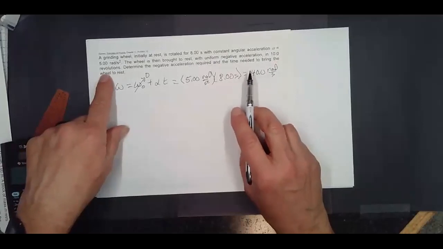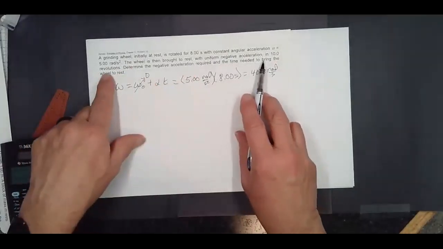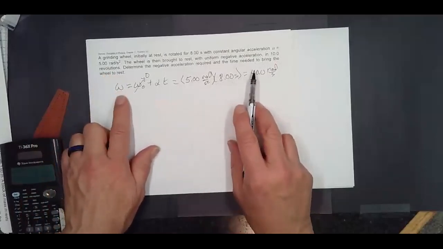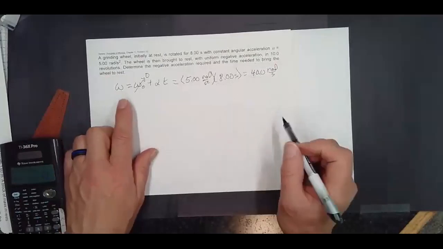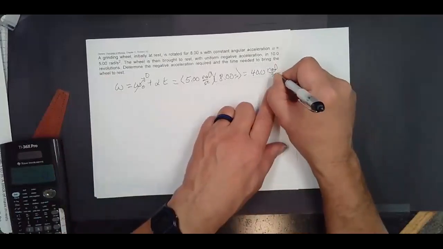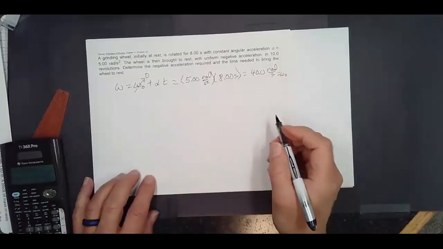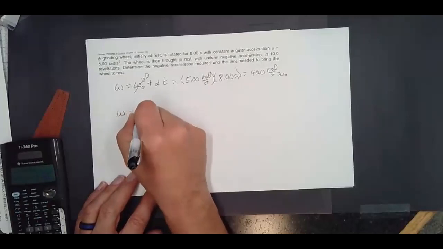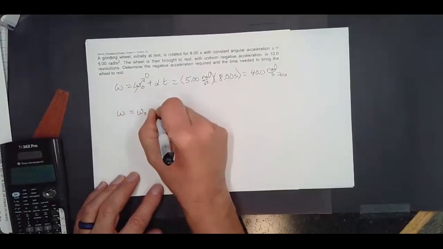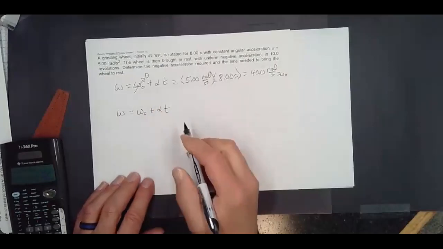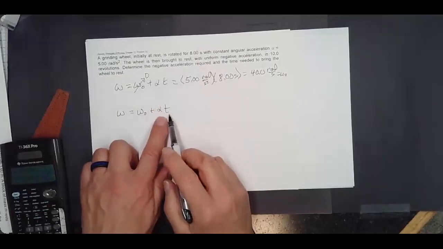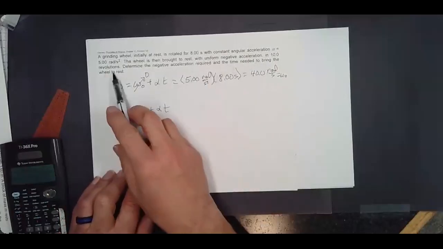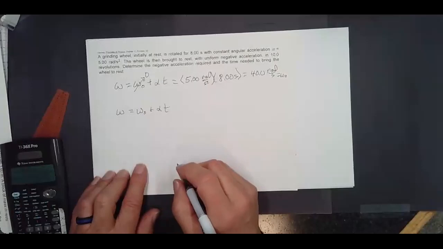Okay, then it's brought to rest in 10.0 revolutions. Determine the negative acceleration required and the time needed to bring the wheel to rest. So this will be like our omega naught. For this second part, omega equals omega naught plus alpha t, but we don't know alpha or t in this case. But we do know that it takes 10 revolutions to stop.